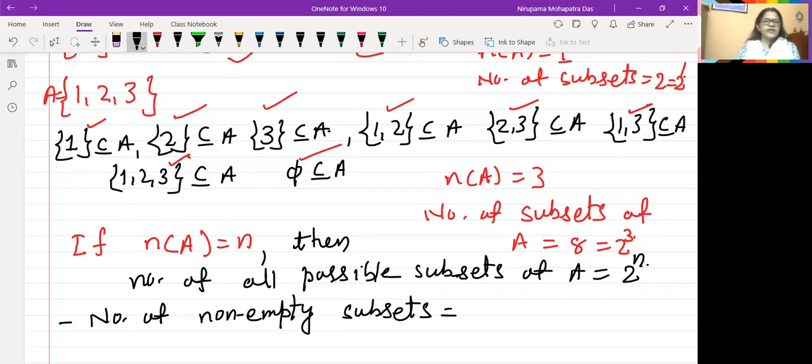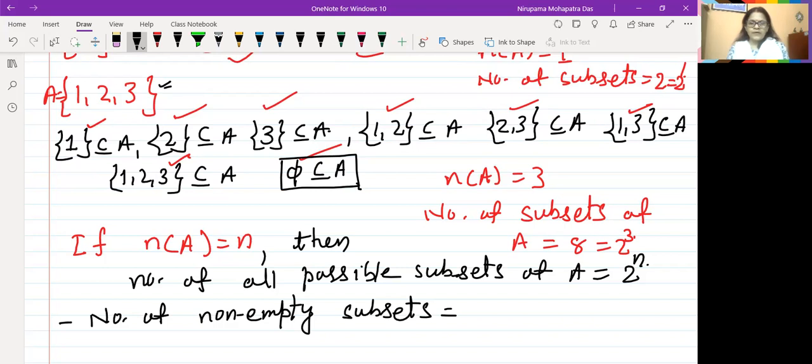We can check when you have 3 elements here, you have 8 subsets, and out of 8, one is the empty subset, right? So phi is a subset of A, and phi is the empty set. Whenever we want to consider non-empty subsets, we cannot take phi. It means the number of subsets will be 2 to the power n, less than 1.